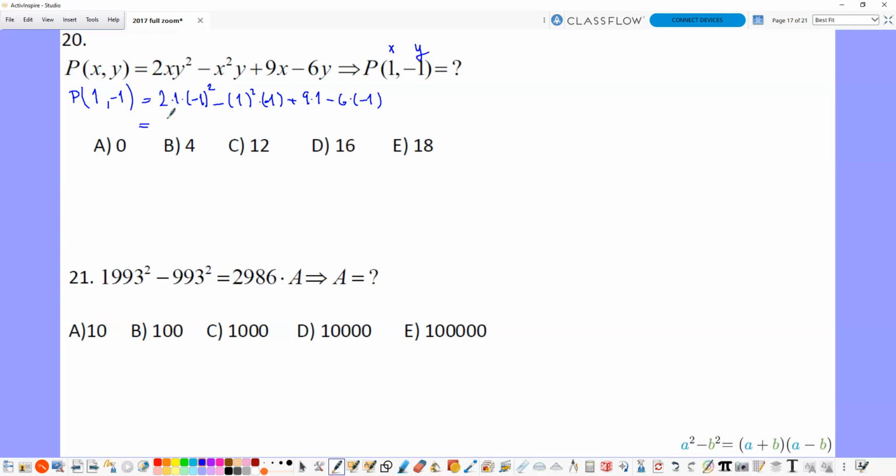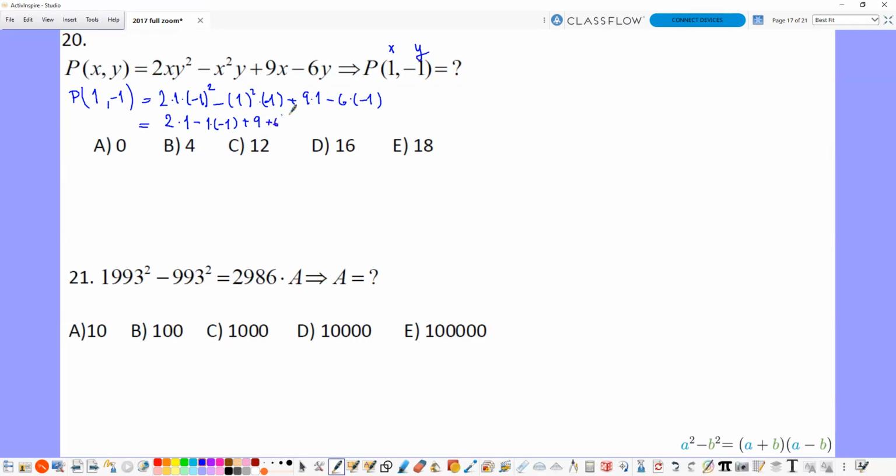2 times 1, 2 times 1, it's going to be. Here -1 square, inside the parenthesis we don't have a minus sign. This is outside, so I'm putting the minus sign, and this is going to be equal to 1 times -1 here, and 9 times 1 is equal to 9, and -6 times -1 is equal to +6.